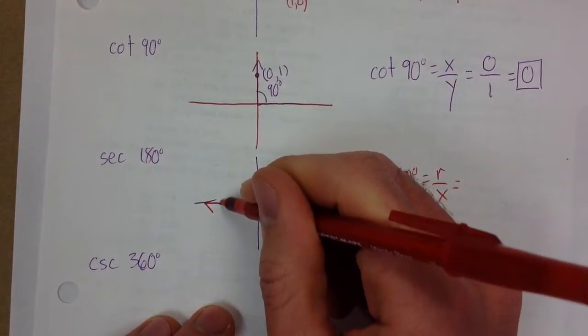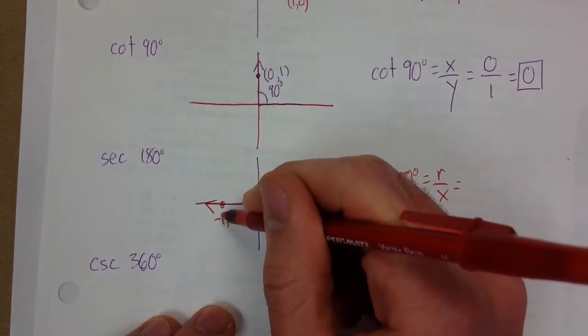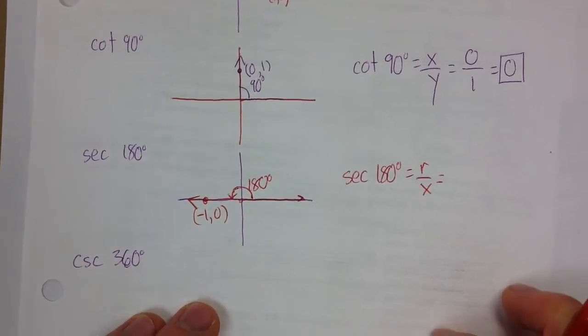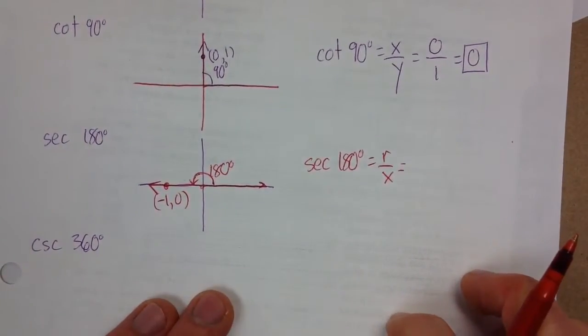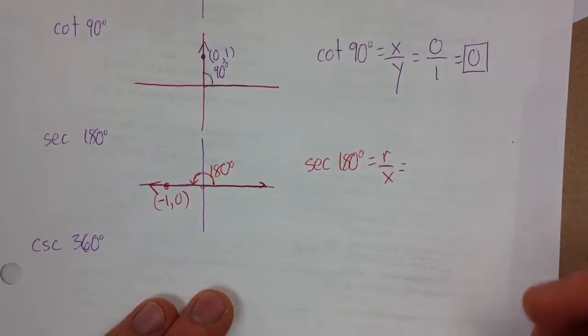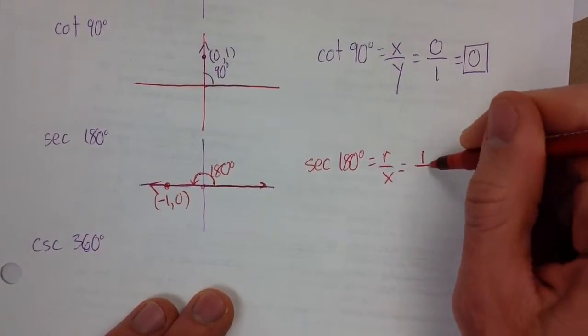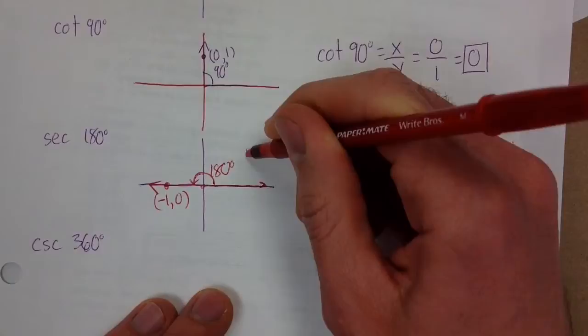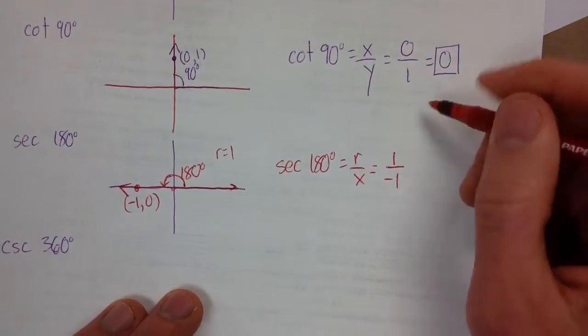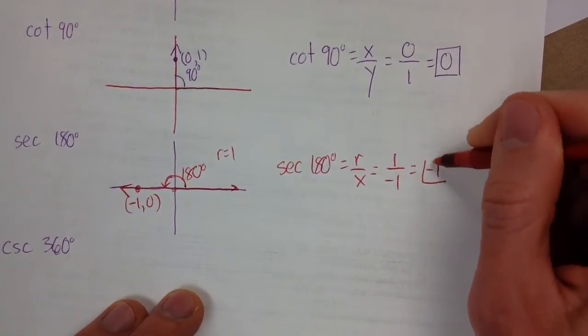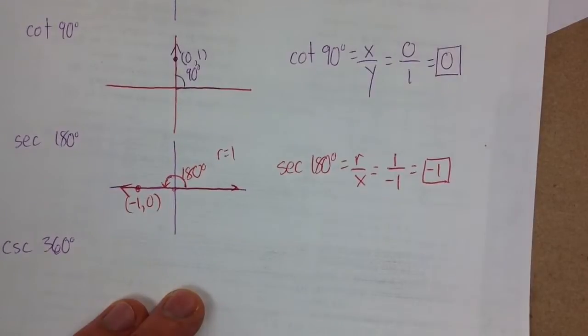The point can absolutely be negative 1, 0, yes. Excellent. Okay, we good?